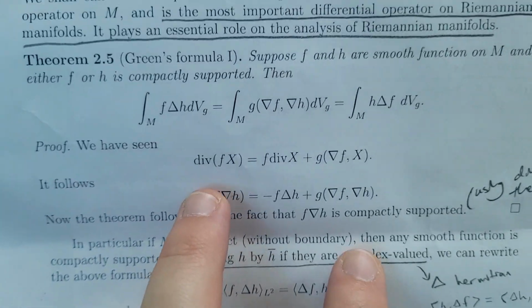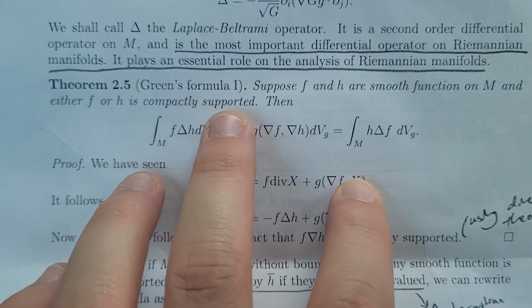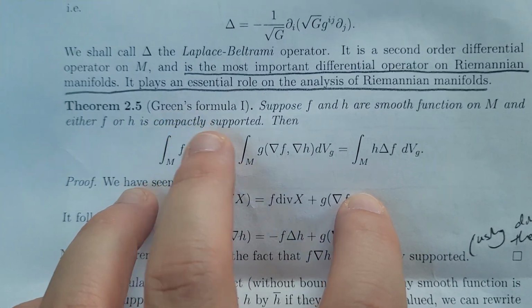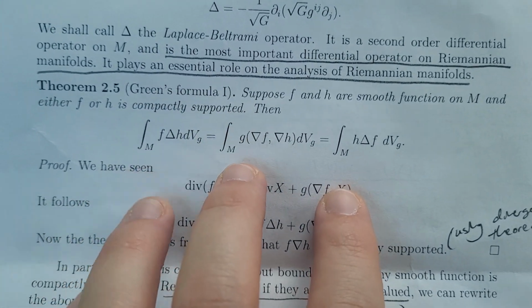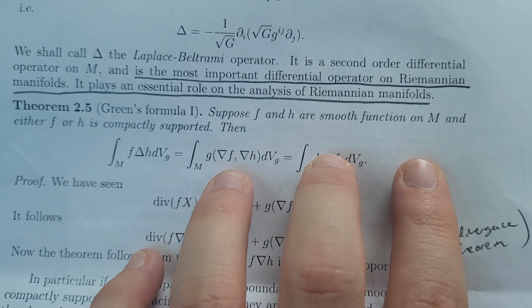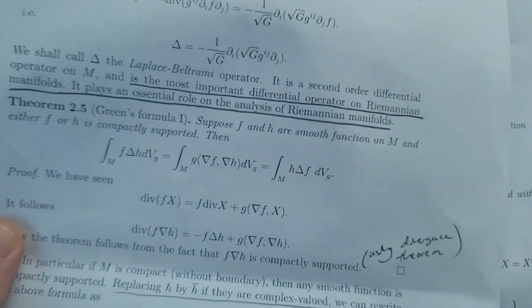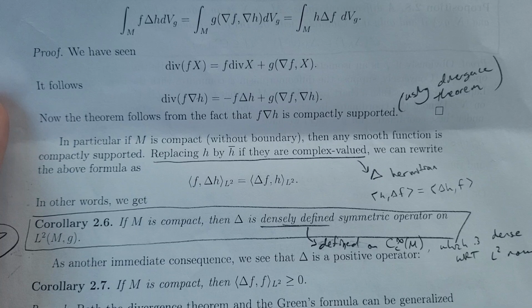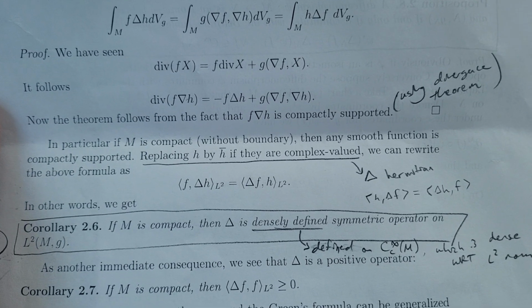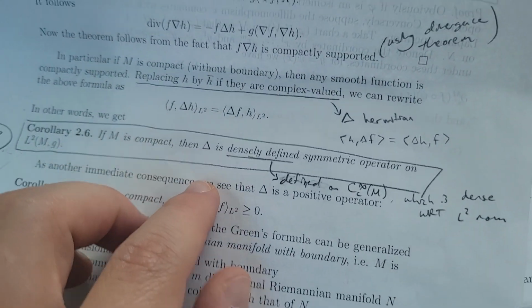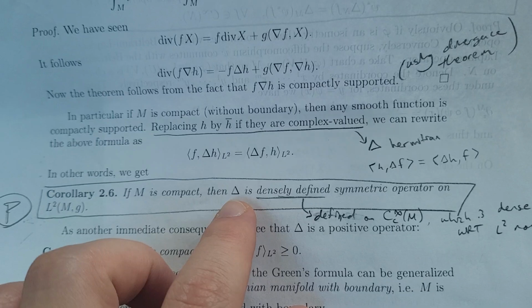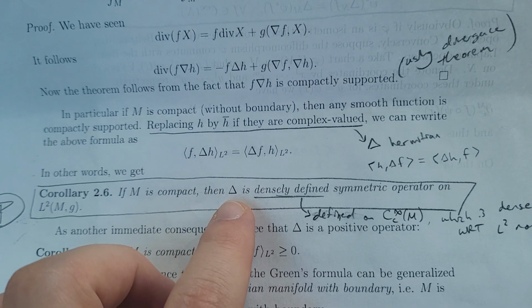If you have compactly supported functions, that's critical, and M is a smooth Riemannian manifold, compact without boundary, then this Laplacian is a symmetric operator, densely defined symmetric operator.